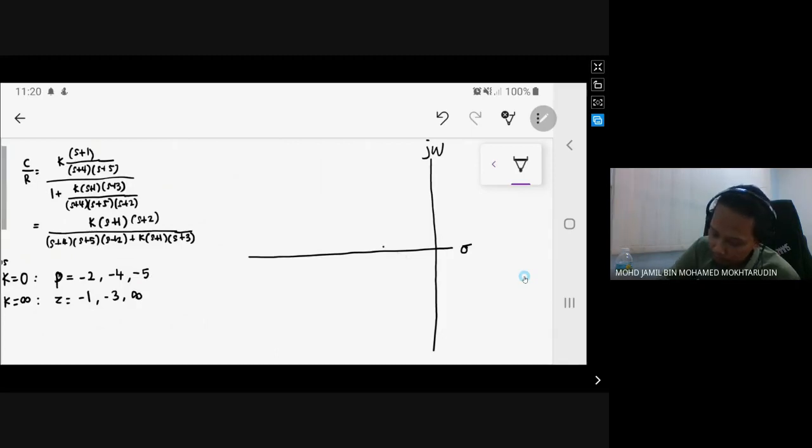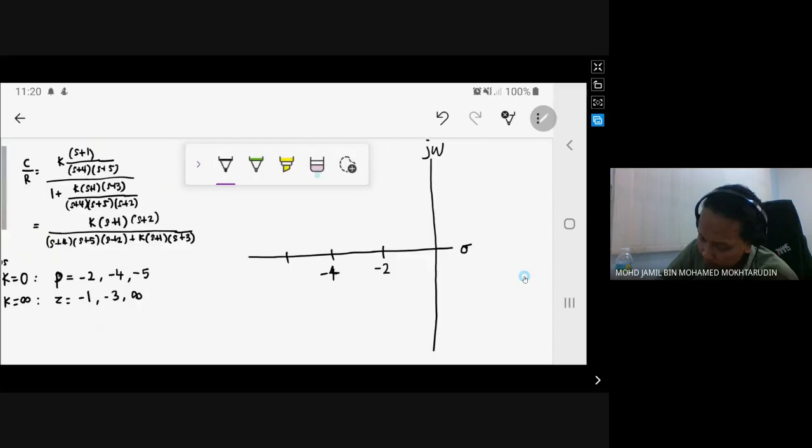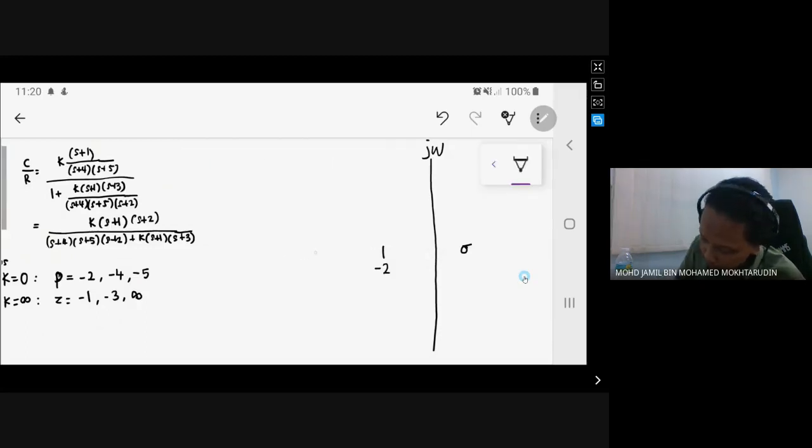So -2, -4. Okay, so satu pole dekat -2, another one is at -4, another one is at -5.